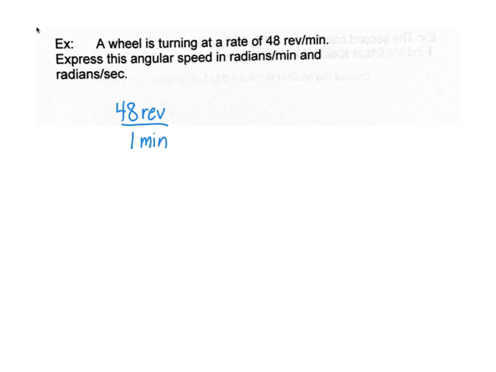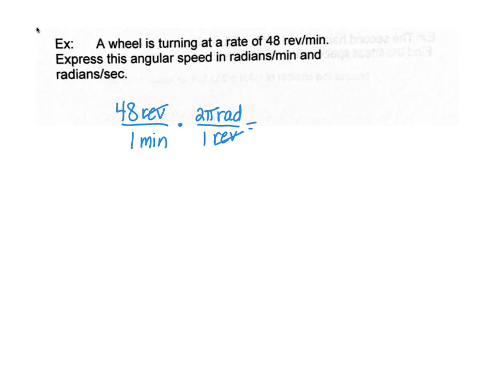I want my revolutions to cancel out and be left with radians. So my revolutions need to go on the bottom and my radians need to go on top. In 1 revolution, I have 2 pi radians. So now when I multiply across, what I'll end up with is radians per minute.